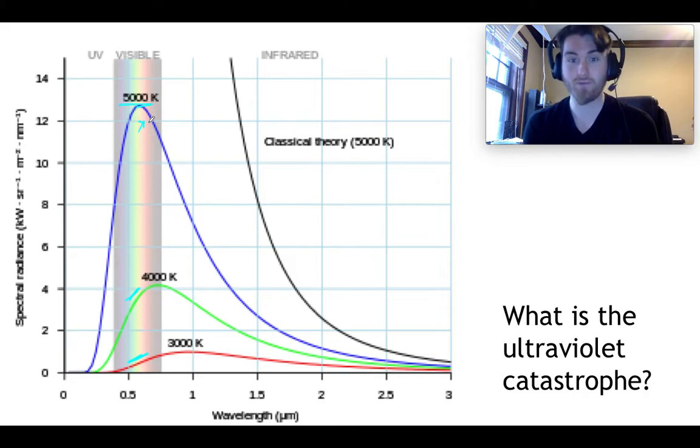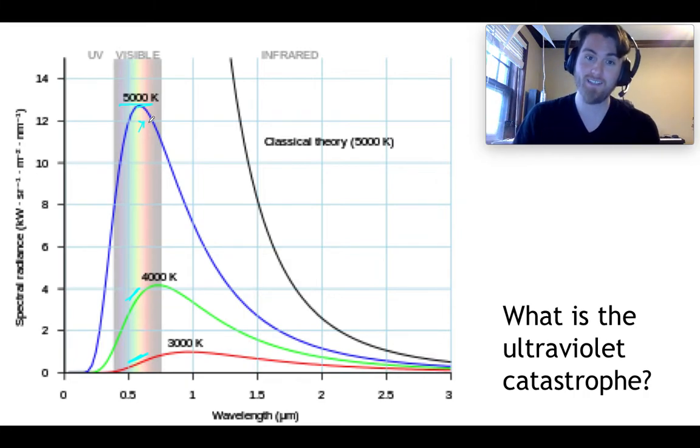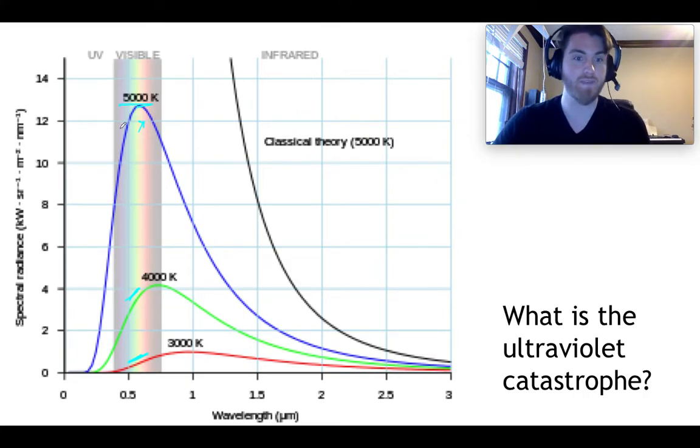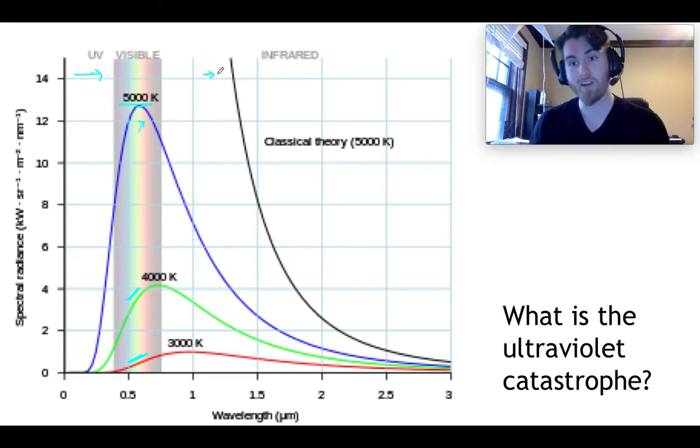And this worked out really nicely up until a point. It works fine with radio, anything. Whenever you get to visible, fine, you can get to blues, you can get to violets. But whenever you get to the point of infrared, then this idea doesn't work out anymore. Let me describe it to you. Classical theory by itself is saying that obviously the higher the temperature, the more energy you get.